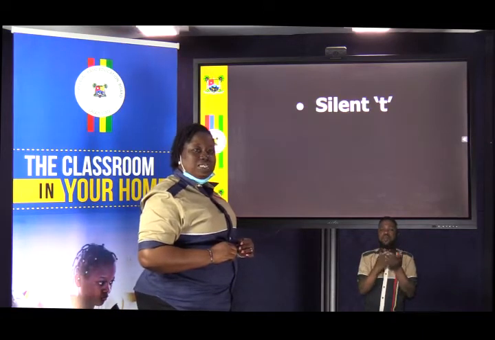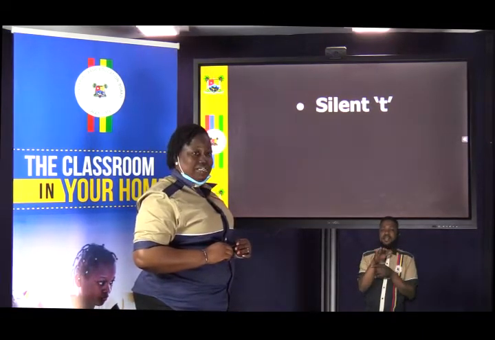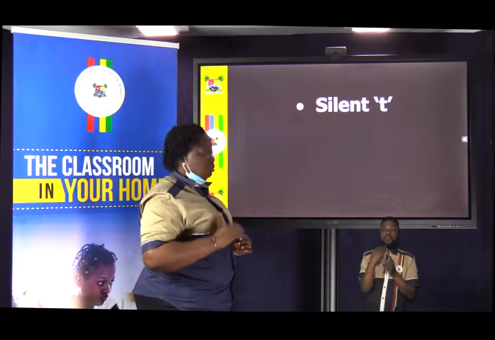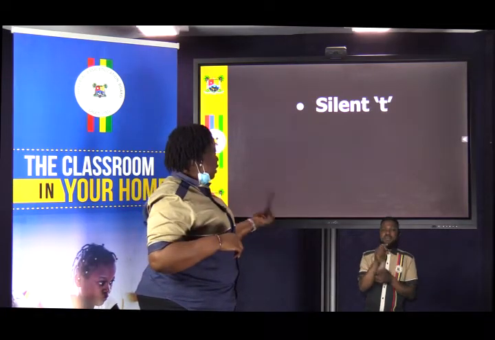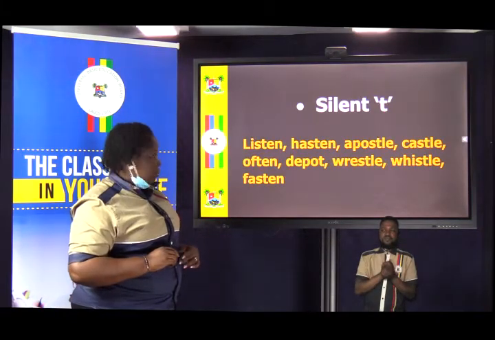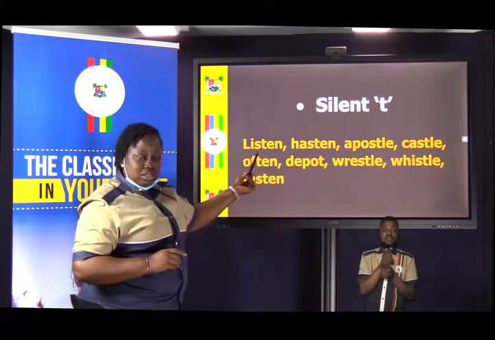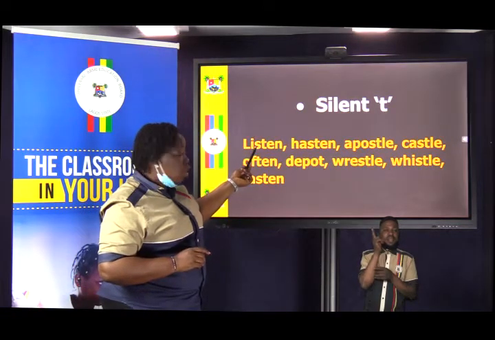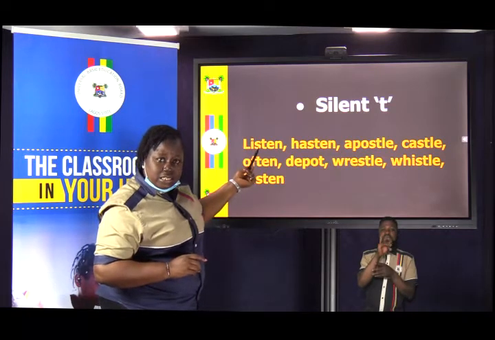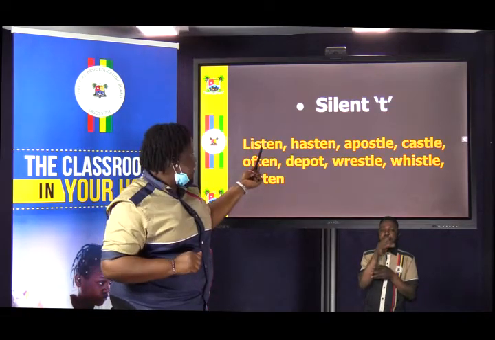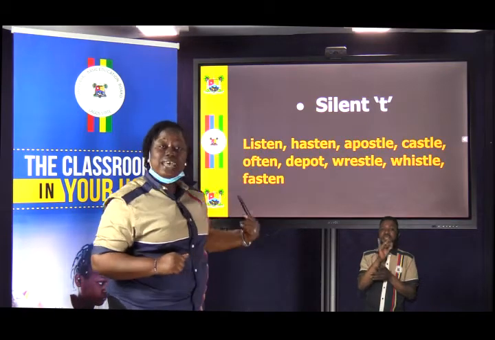Now, examples of words with silent letters. There are some words with silent letter T. The T is silent in those words. We say silent T. Let's have examples of these words. Can you pronounce these words? This is listen. Or have you been calling it listen? It is incorrect. The correct pronunciation is listen. The letter T is silent.